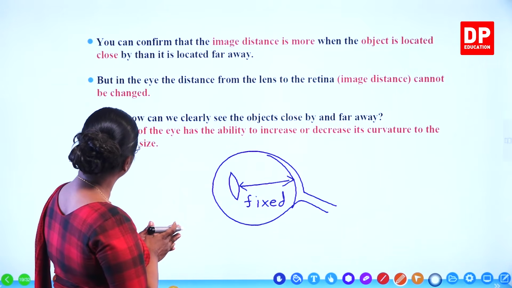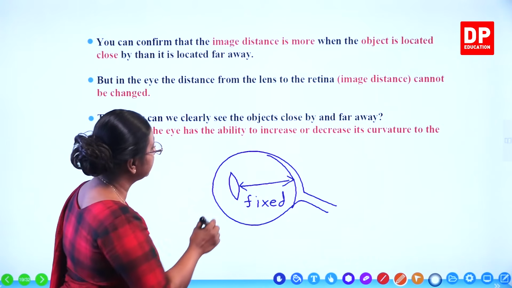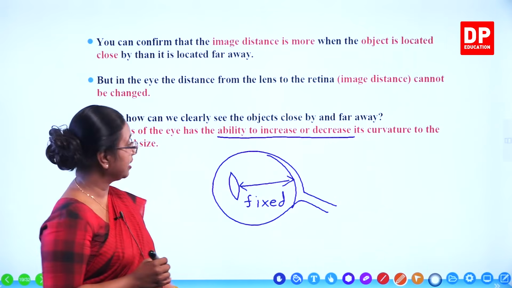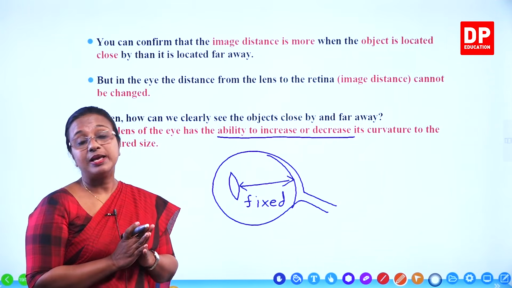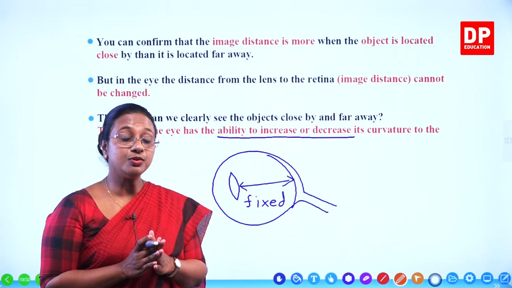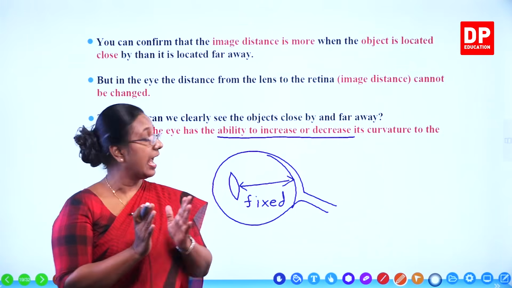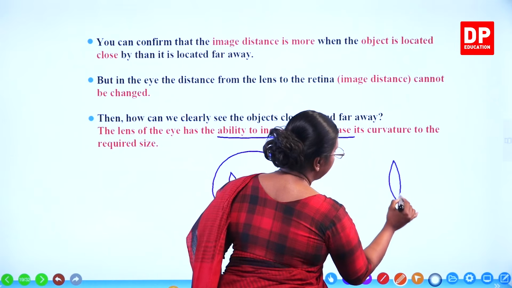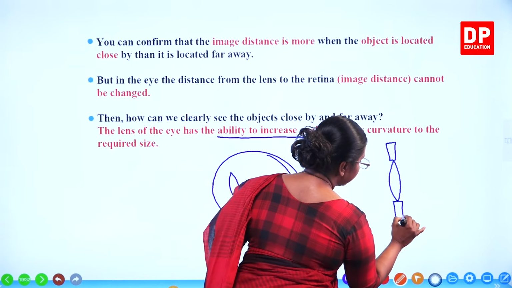This happens because the lens of the eye has the ability to increase or decrease its curvature to the required size. That is very, very important. I mentioned this to you all before also. The lens in our eye can change its curvature. And what is the structure there? You can remember, this is the eye lens. Now this is connected with the ciliary muscle.